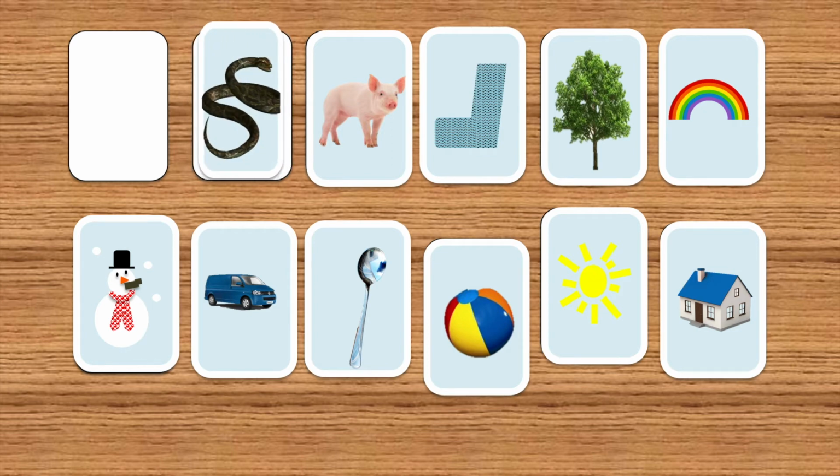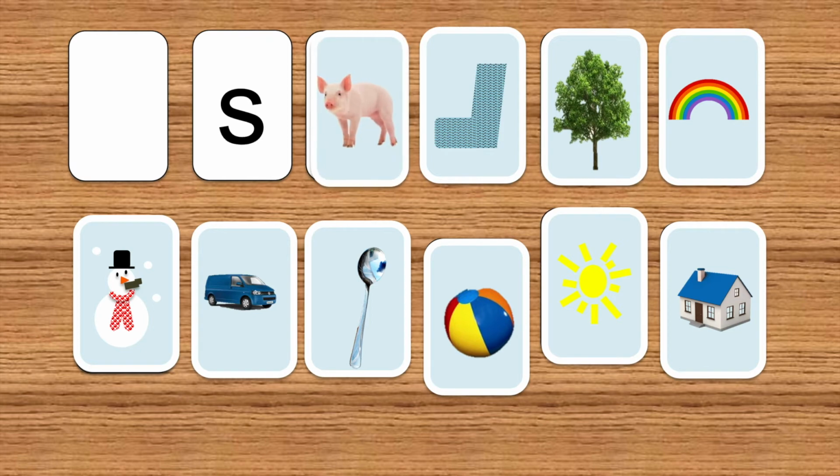Oh, I think I saw a S. There is a S sound in snake. Let's do the next one. Pig. I can hear three sounds, but is there a S? What do you think? No S sound in pig.